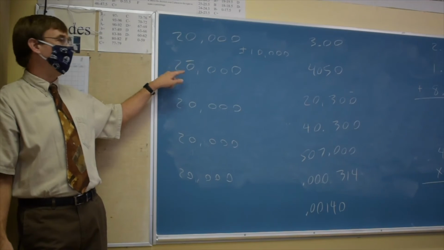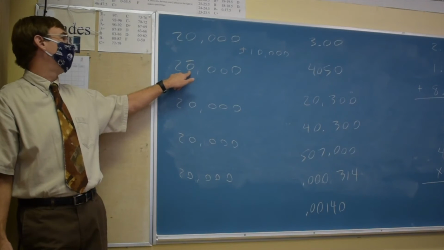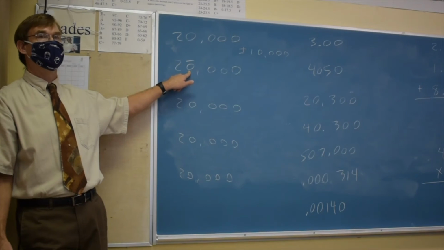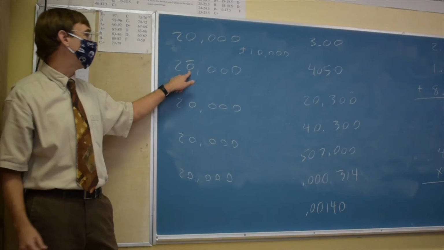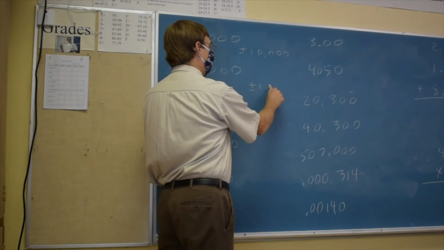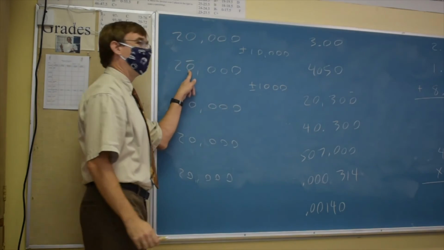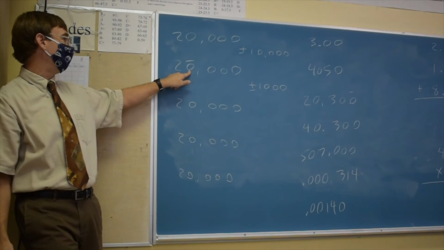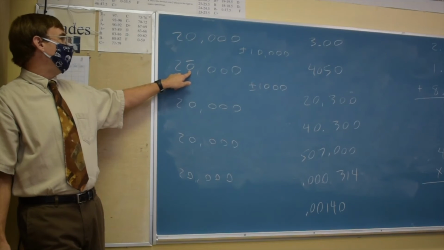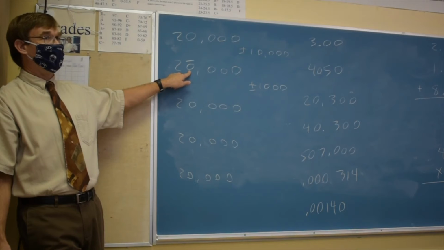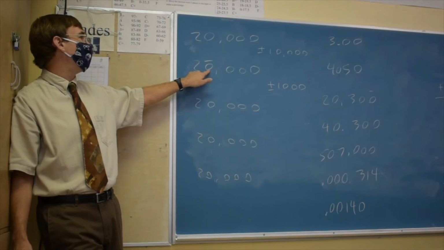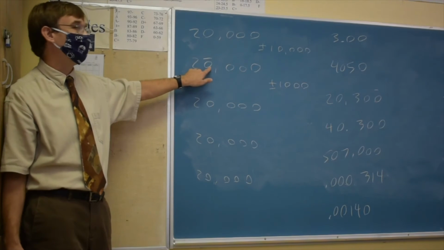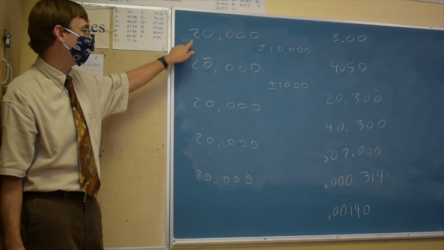About how sure am I if I'm making this my last significant digit? Within like 1,000. And I might be able to do that because I've been to a lot of games. So I might be able to tell you there were 20,000 people there, and I'm pretty firm on this 20,000. There might have been 21, there might have been 19, but I'm more sure about it if I write it this way than I am if I write it this way.